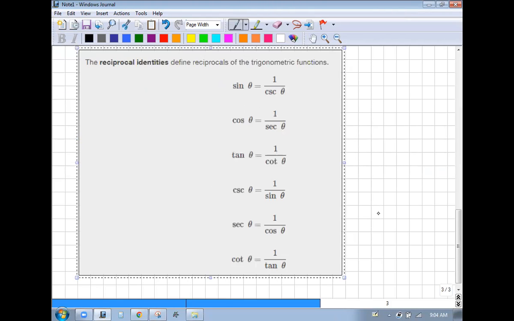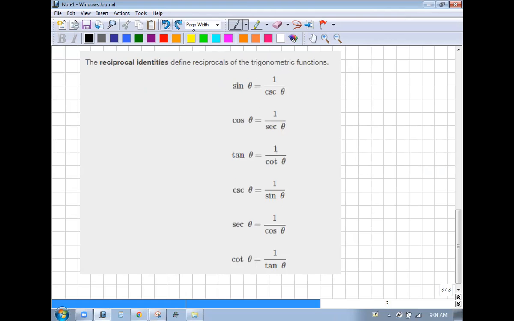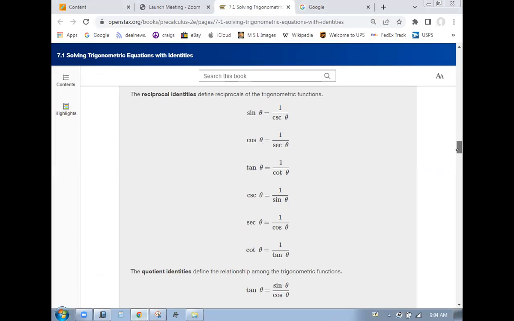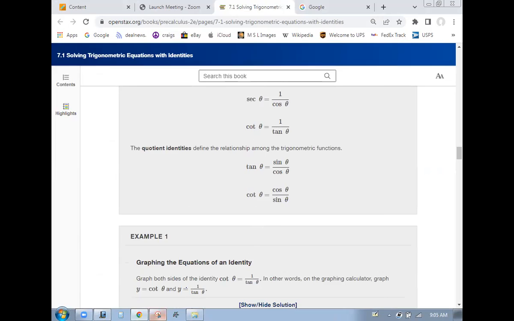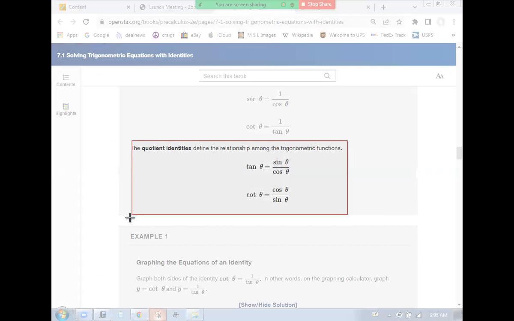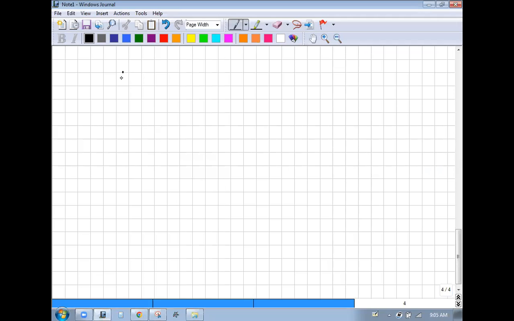Sine is just 1 over cosecant and etc. So you should know those by now. I know they're kind of hard to remember, but by the time you're done with this homework, you will have these back to your mind at all times.